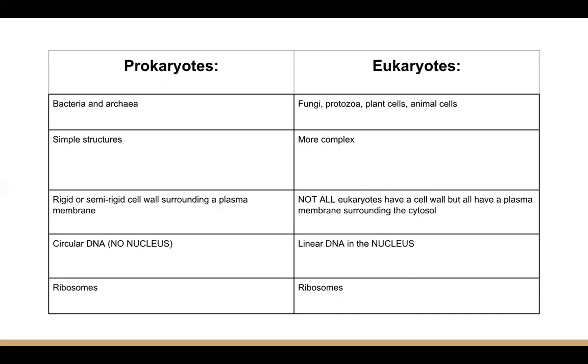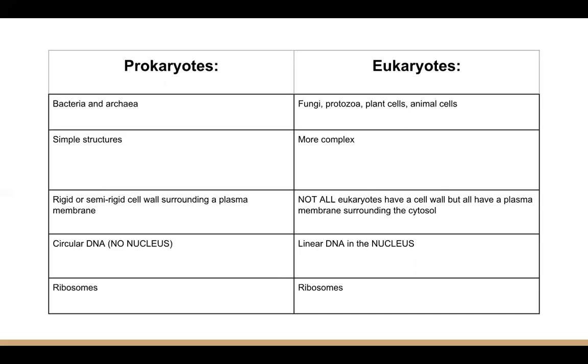Prokaryotes, examples are bacteria and archaea, whereas eukaryotes are fungi, protozoa, plant cells, and animal cells. Prokaryotes are much simpler in structure, whereas eukaryotes are usually larger and much more complex. They do have an internal membrane system, which allows for compartmentalization of different cellular and chemical processes, whereas the prokaryotes don't have that. They're much more simple, with no internal membrane system.